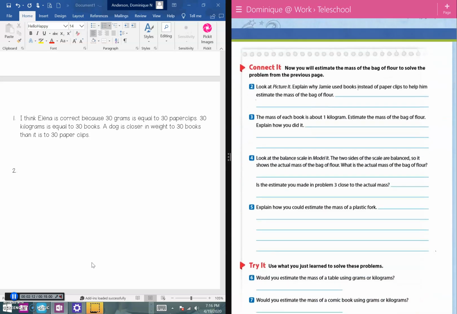Alright, good job guys, because paper clips are too light, and it would take too many paper clips. I don't think any of us have enough paper clips in the world to equal the bag of flour. So it would take too many paper clips to equal the bag of flour.